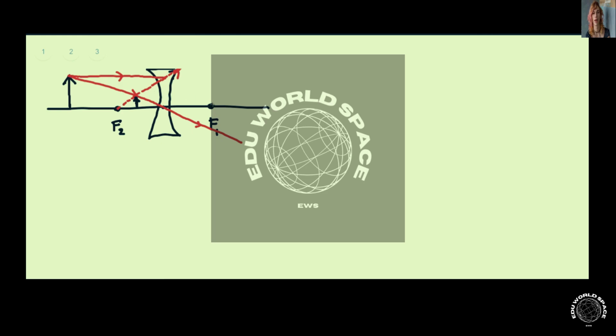Imagine that this one is headed over here. That will go parallel to the optic axis, and then I extend it back. If I drew everything right, it should intersect at the same point, but my lines weren't exactly straight, so it didn't intersect at this point, but it should have gone there. So this is our principal ray diagram.